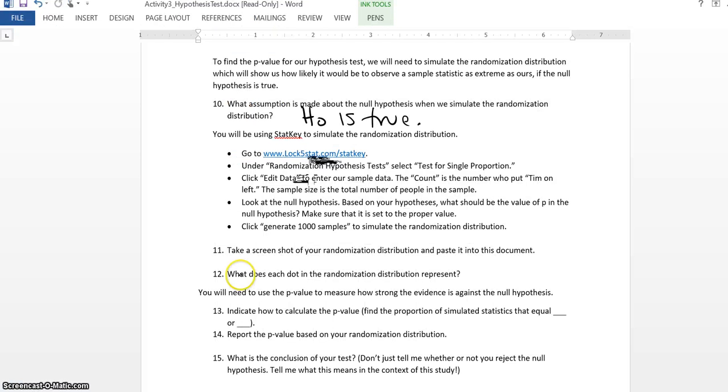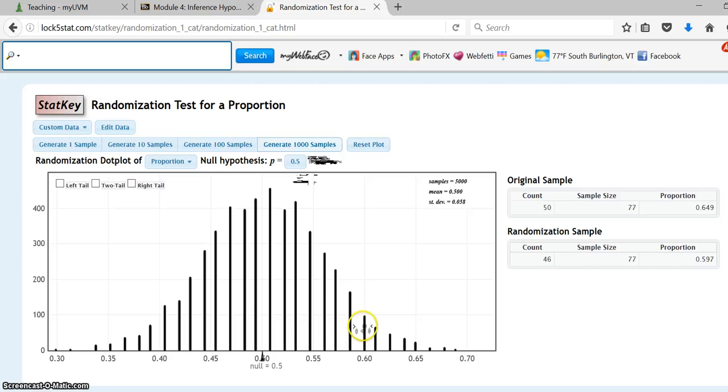Coming back in, we want to know what does each dot in the randomization distribution represent? Well, let's look at it. If we click on one of these dots, we can see over here on the side what it's showing us. It's showing us the sample that generated that. So you can see at 0.6, if I click on a dot, it shows me a sample with a proportion of 0.597, very close to 0.6.